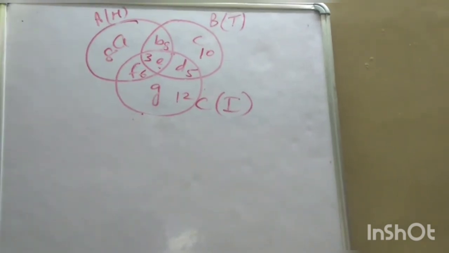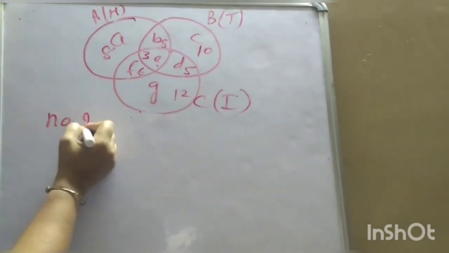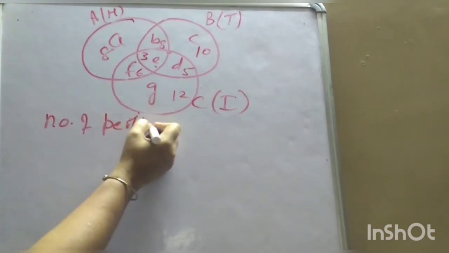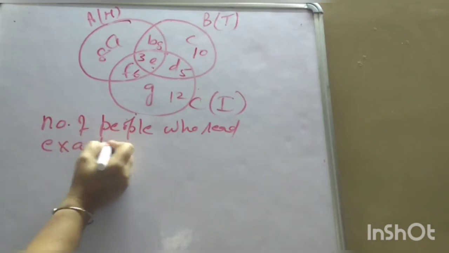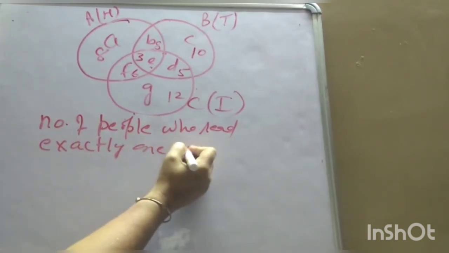Second part is the number of people who read exactly one newspaper.